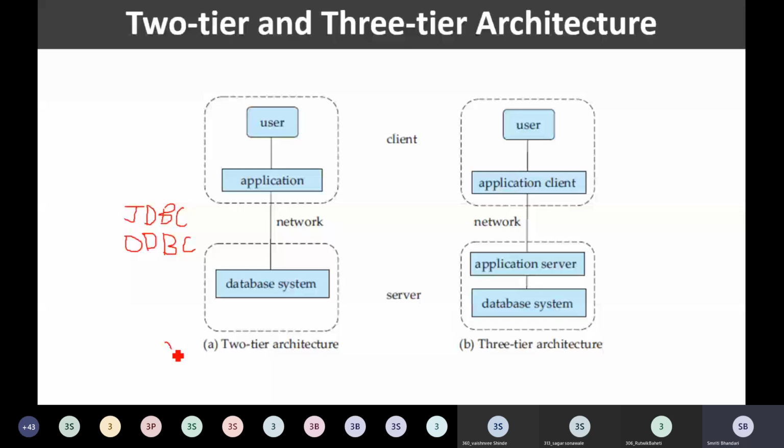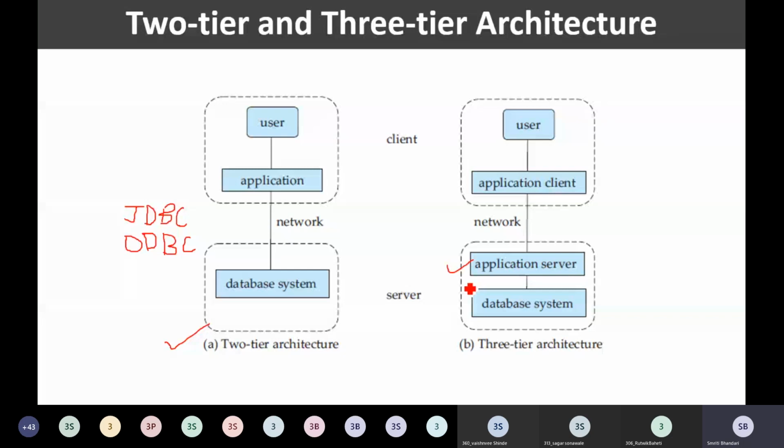In three-tier architecture, we have something different. Just look at what we have. At the server level, we do not have only the database system, but we have the application server as well. So what do we mean by that? Whatever the business logic is, it is implemented at the application server.